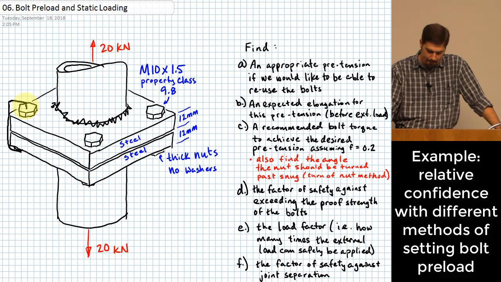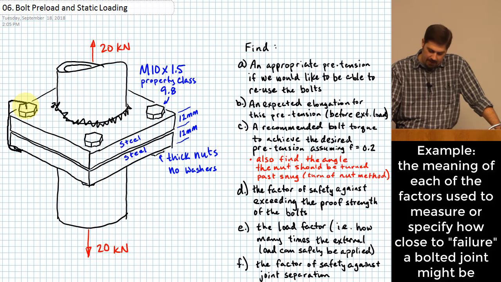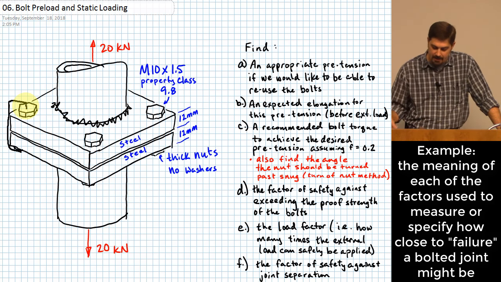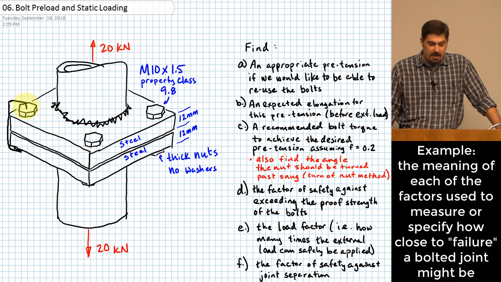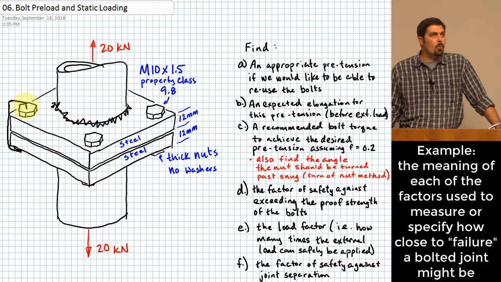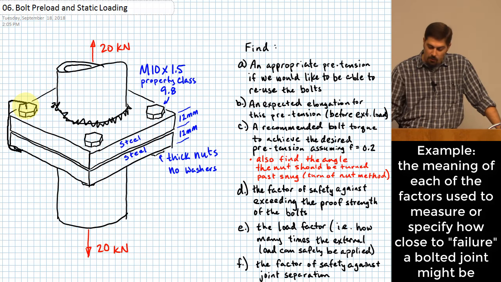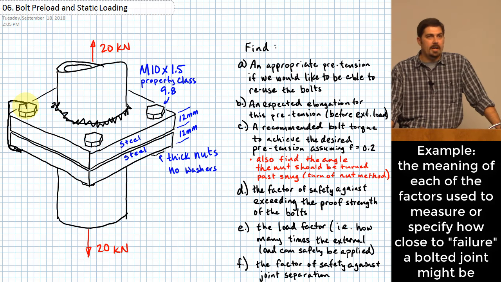Part D, we're going to figure out the factor of safety against exceeding the proof strength of the bolts. Now, the reason we have more than one way of specifying a factor of safety, or in another case a load factor, is that we have more than one way to specify what constitutes a failure for a bolted joint.